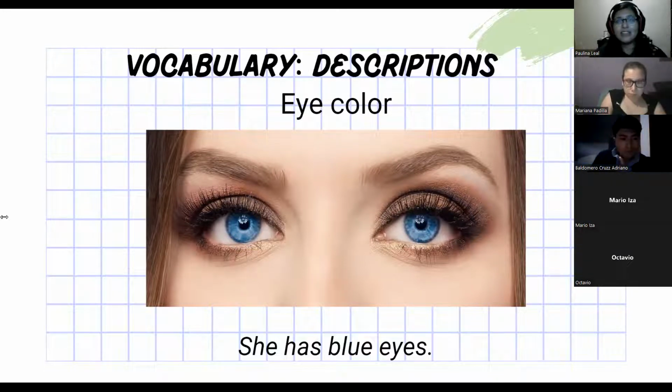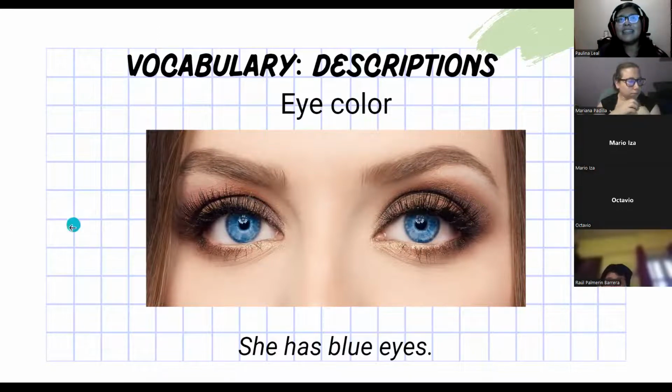So I can very clearly see someone's eyes. And what I can do to describe their eyes is their eye color. So in this case, this woman has blue eyes. Notice how when I'm talking about descriptions, I'm also going to use have or has.